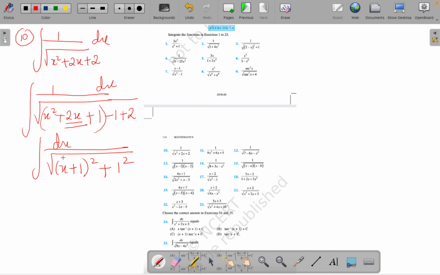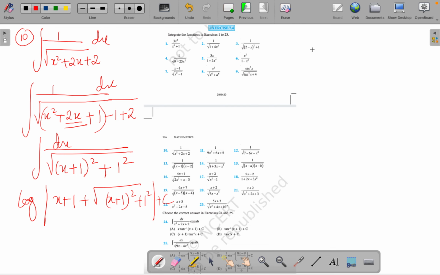Now in place of x, you know that x plus 1 will be put. So that is not a problem. Again, it is under root, so you know the formula which has to be used, log mod x plus under root of the question, plus c. This is how you will do the completing square method. Now this was a little simpler.